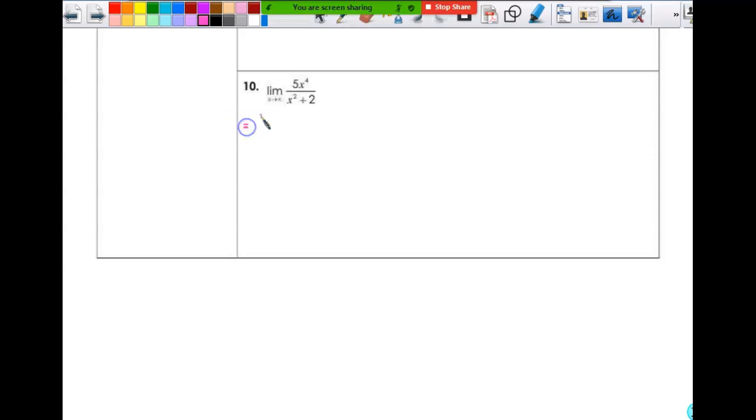So this is going to give me the limit as x approaches infinity. And so I take the highest in the denominator, which is x squared. So this is going to give me 5x to the 4th over x squared over, then x squared over x squared plus 2 over x squared.